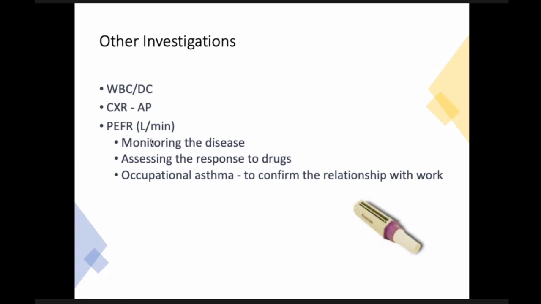And the peak flow rate, as I mentioned, is useful to monitor the disease and to assess the response to medication, and sometimes it is useful in the diagnosis of occupational asthma.